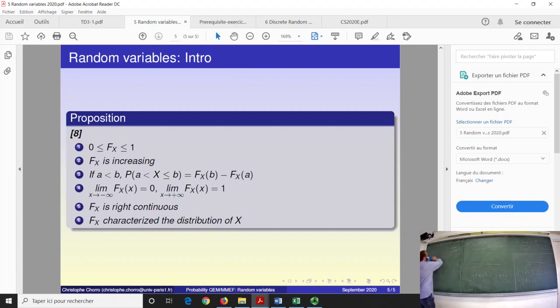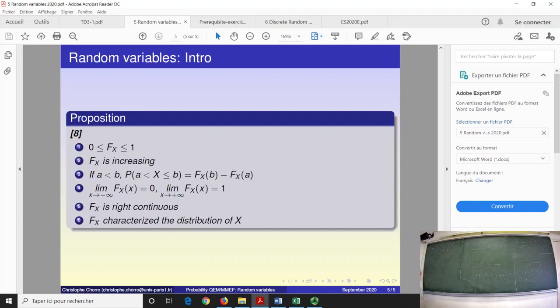And now I can take the probability. I have the probability that X is less than or equal to b. That is equal to what? I have the probability of a disjoint union. The probability of a disjoint union is equal to the sum of the probabilities. It's finished, in fact.